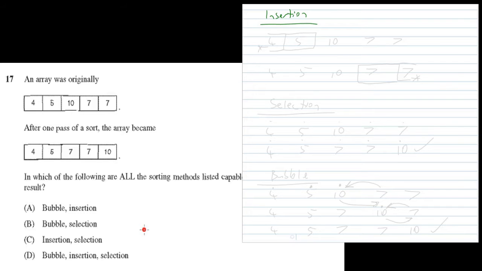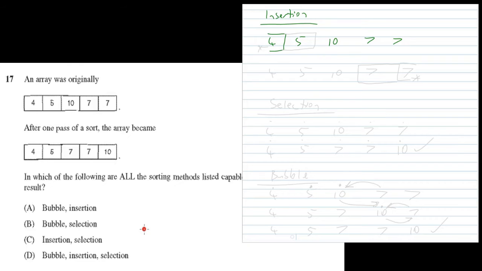So we begin with 4, 5, 10, 7, 7. With insertion sort, you start by thinking that we have a sorted list here. It's a very small sorted list with just a 4 in it. That's already been sorted. Then we look to the next element, which is the 5, and see if we need to move it or not.